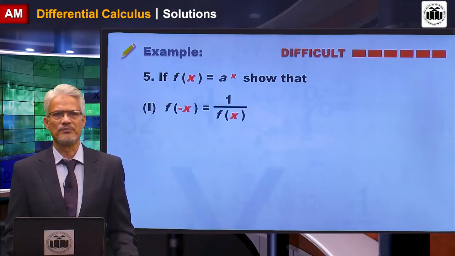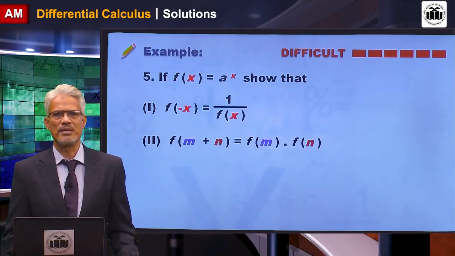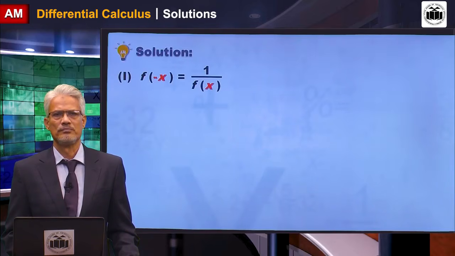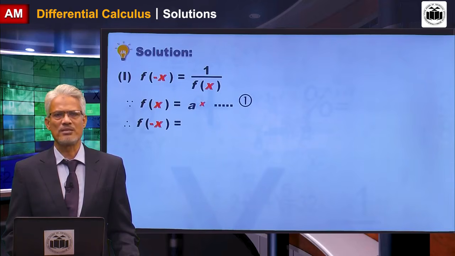Next, question number 5. Our question is f(x) = a^x. Then show that, one, f(-x) = 1/f(x), and two, f(m+n) = f(m) into f(n). Question number 1: f(-x) = 1/f(x). f(x) is equal to a^x. Therefore, f(-x) is equal to a^(-x).